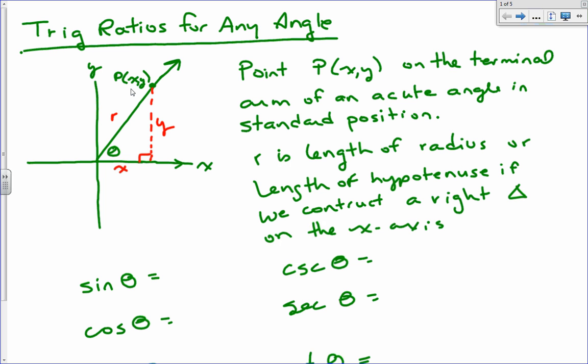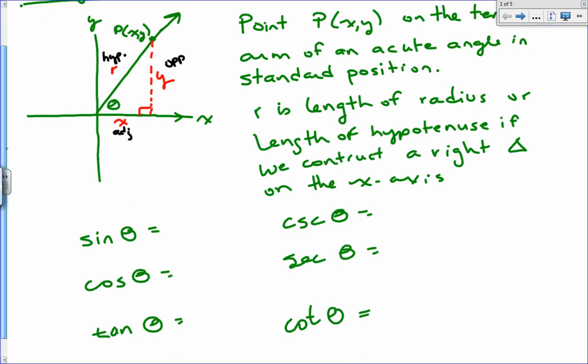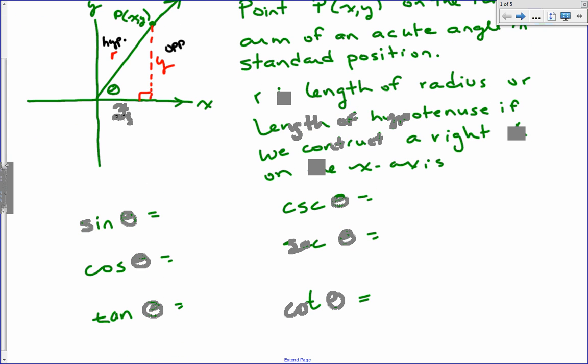If we look at this triangle with respect to angle theta, we can see that y is the opposite. I'll just use a different color for that. That x is our adjacent, and that r is the hypotenuse. Okay, so if you think about sine as being opposite over hypotenuse, we can say then that the sine of theta is y over r.